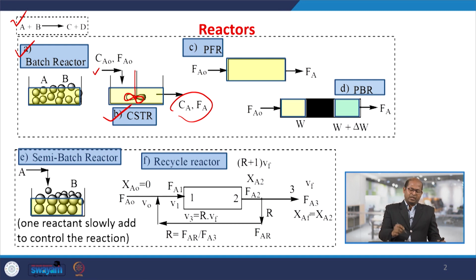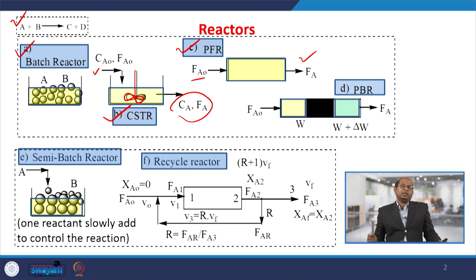Next one is the plug flow reactor. In this type of reactor one tube is there, through which the reactant will be fed from the left-hand side, and the reaction will take place at a particular temperature and pressure. Then the product is formed, and that product will come out from the outlet of the reactor.